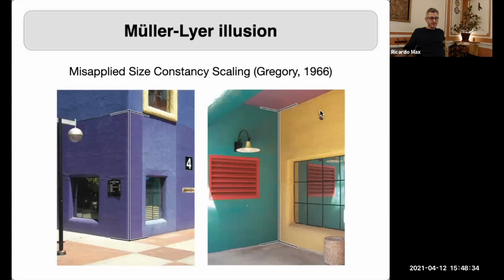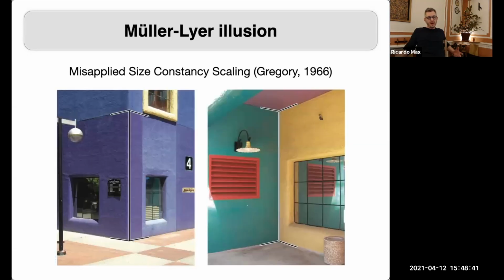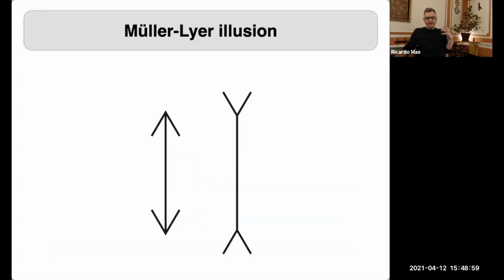One interpretation is that we cannot help but try to make sense of this, and we use our holistic interpretation of space. Things that have this format are usually closer, inner spaces, and these are far away spaces. So we make the opposite inference that this is, let's say, inside the room, and this is the side of a building, so this must be larger.